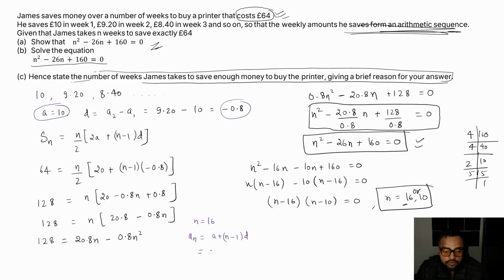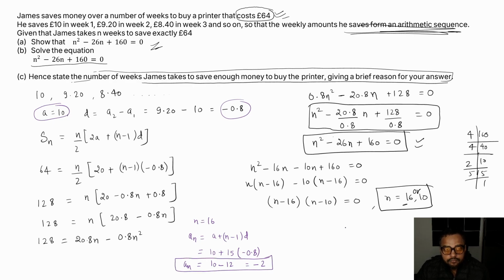So a was 10 here, plus n is 16, so 15 times d, which is 0.8. On calculating, we get 10 plus 15 times 0.8, which is 12. So an is a negative term, equal to negative 2.